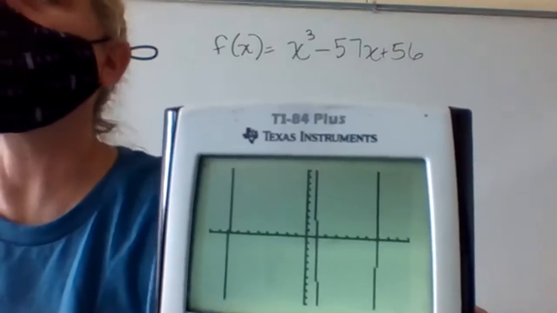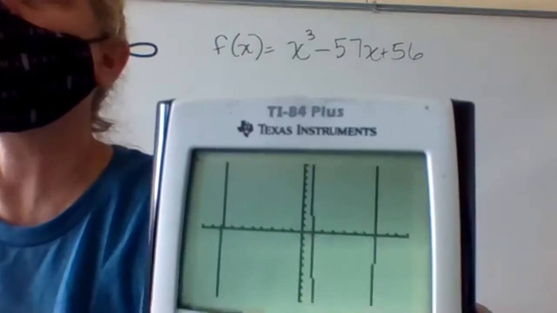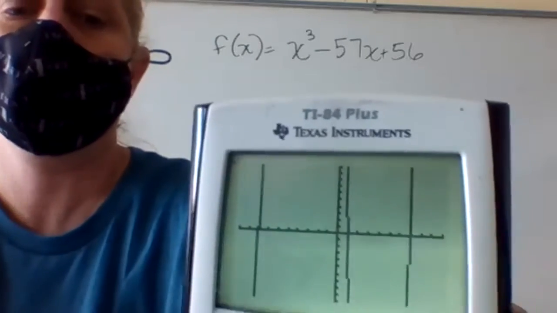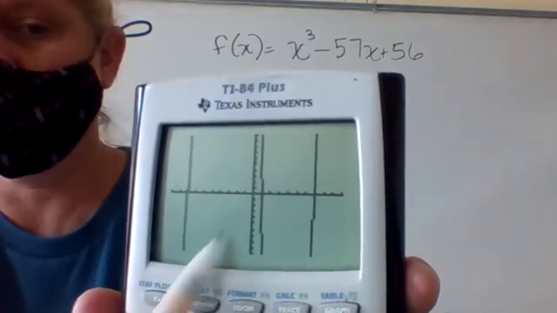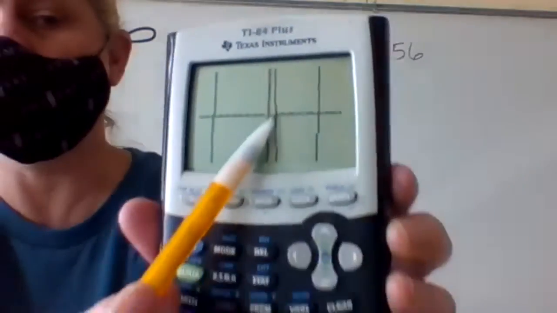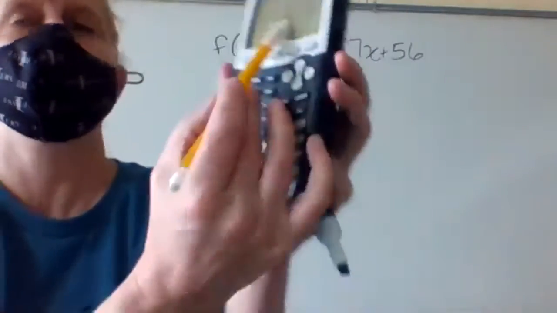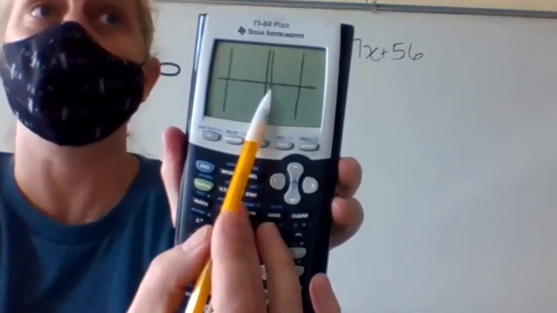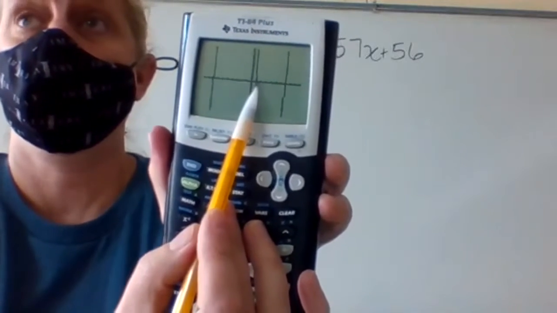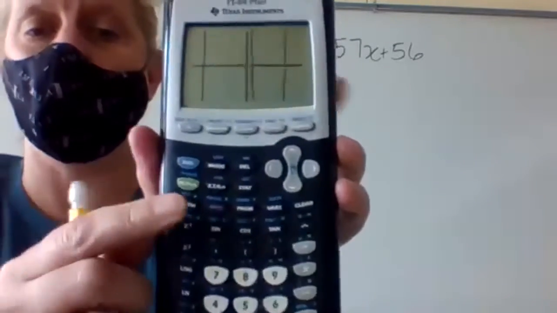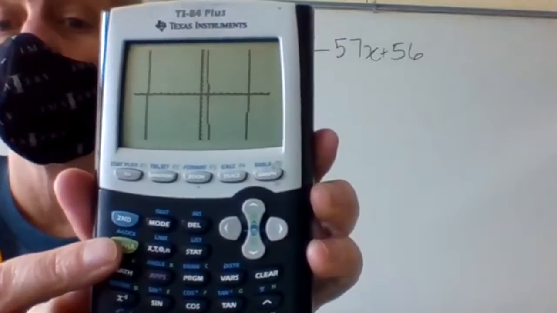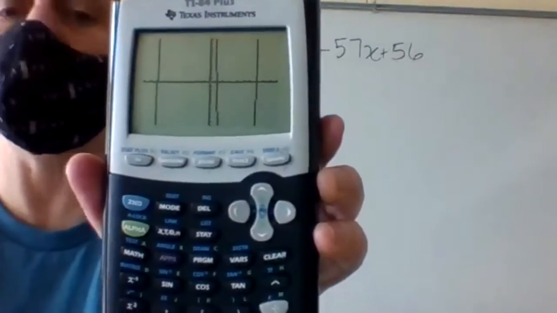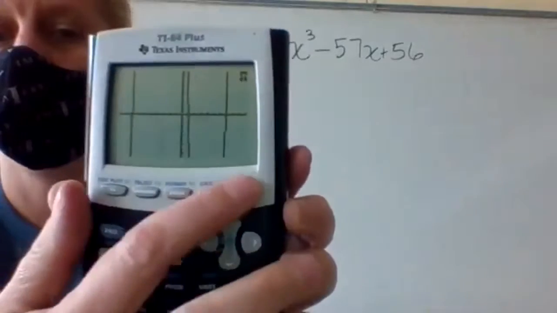They would look promising if it looks like they cross the x-axis at a whole number, not in between hash marks. Actually, they all look good, don't they? Where does this one look like it may be crossing? Looks like it may be crossing at 1 to me. You can also go to your table, because what do you know about all your x-intercepts?